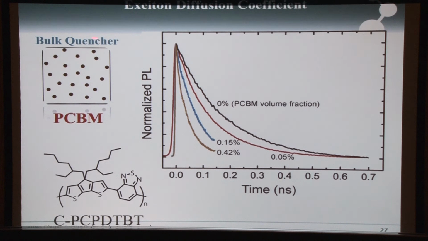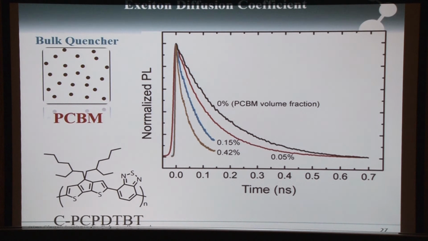We added a tiny amount, you can see here how little, of PCBM that quenches the excitons. The basic idea is, when you know how much PCBM you have, then you know the distance between them. And if you then know how the decay time changes, you can calculate the exciton diffusion length from such an experiment.